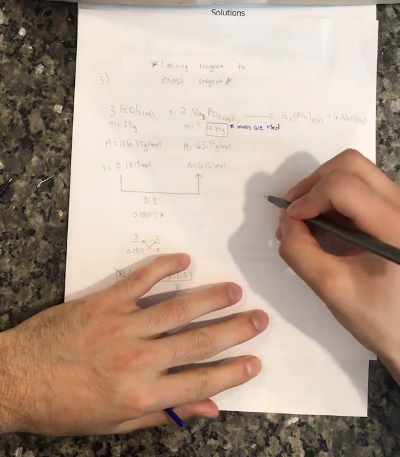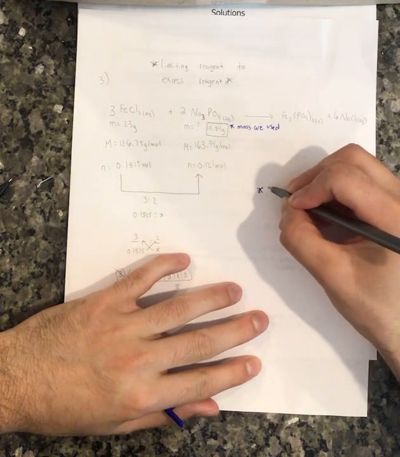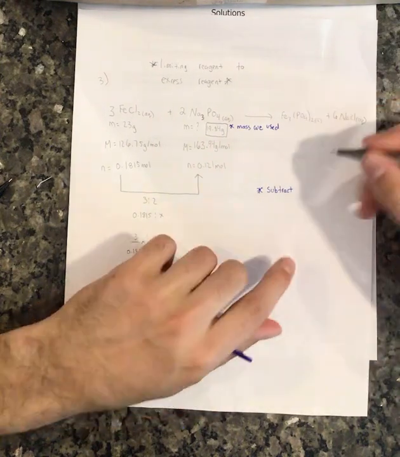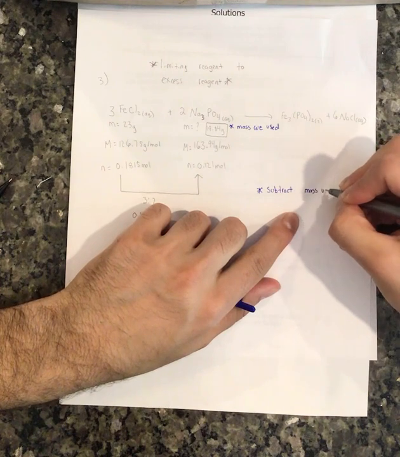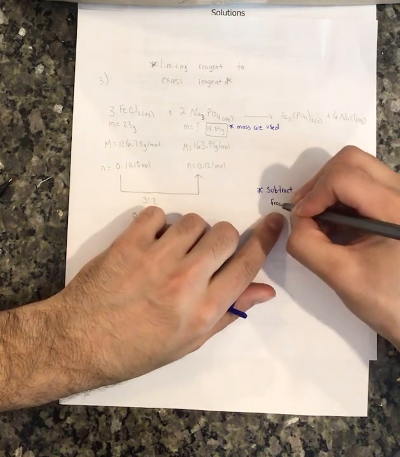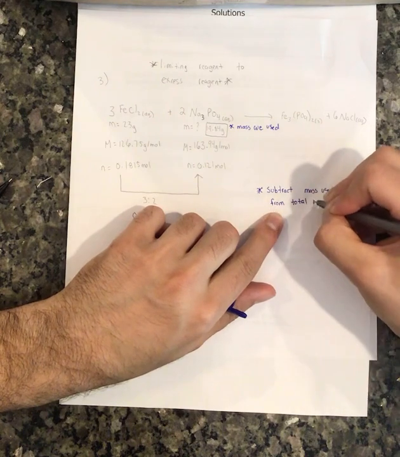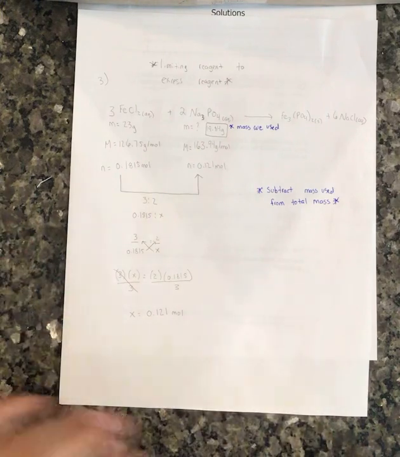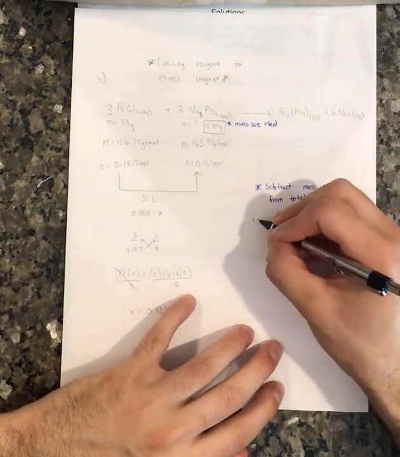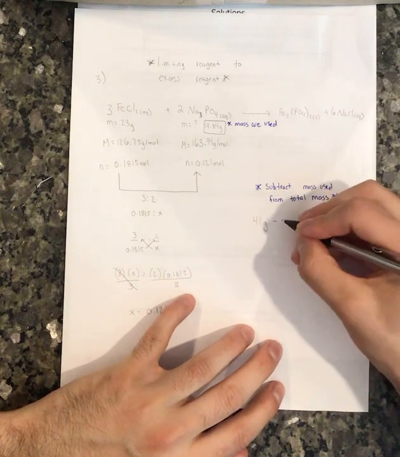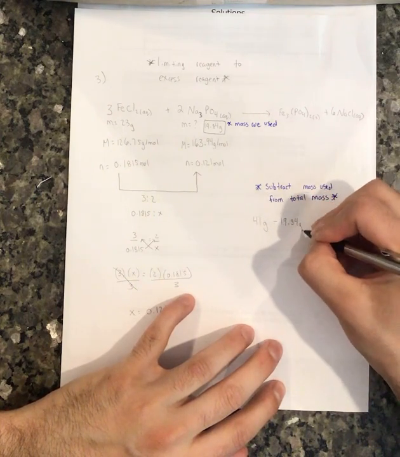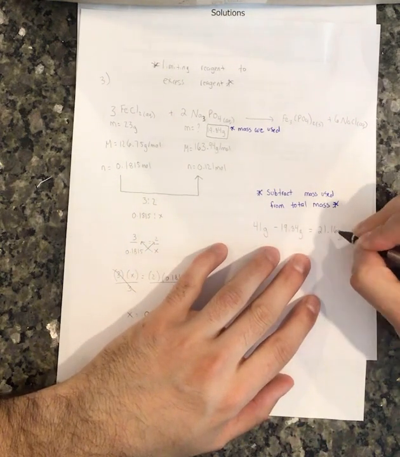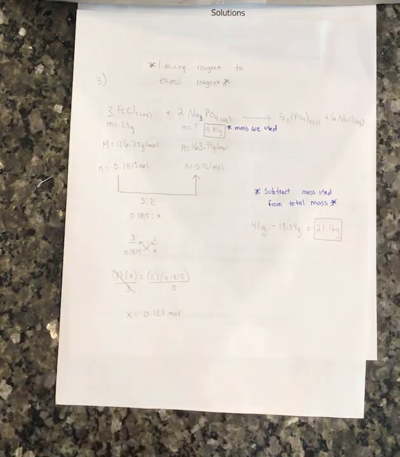What we're going to do is subtract the mass used from the total mass. So we take our total mass, which is 41 grams, and subtract 19.84 grams. What we're left with is 21.16 grams. This is how much we have left over.